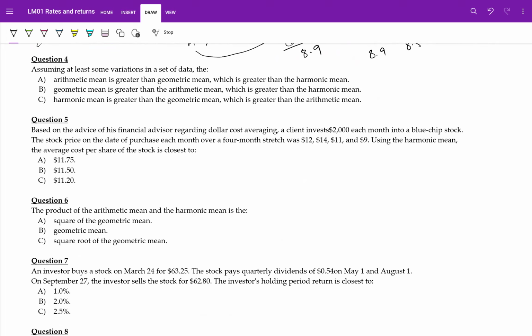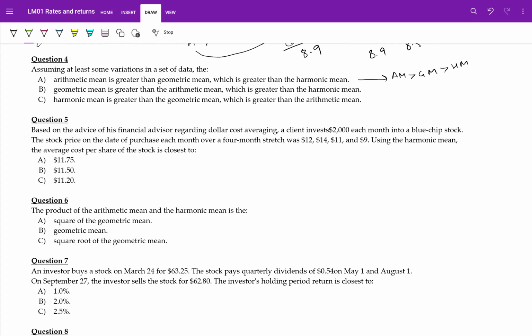The first statement says arithmetic mean is greater than geometric mean, which is greater than the harmonic mean. This is what the first statement is saying.